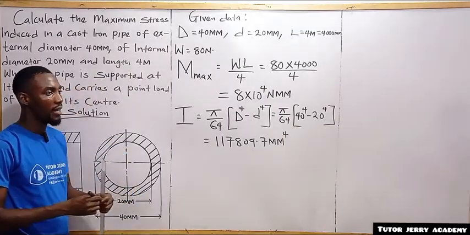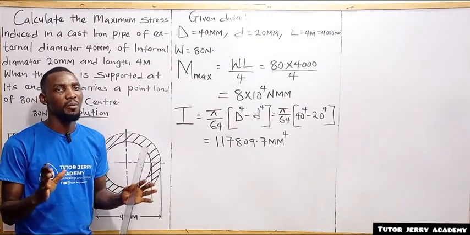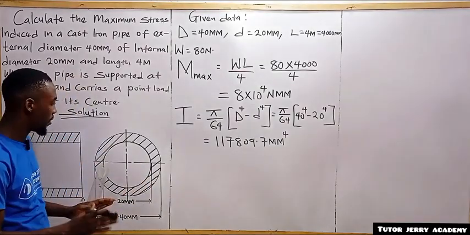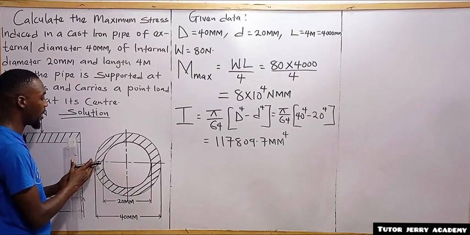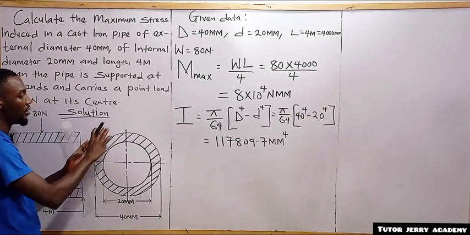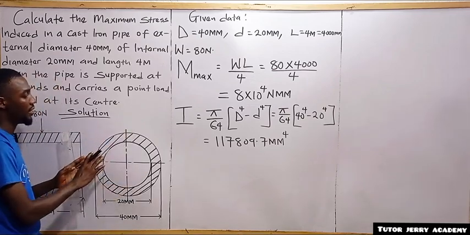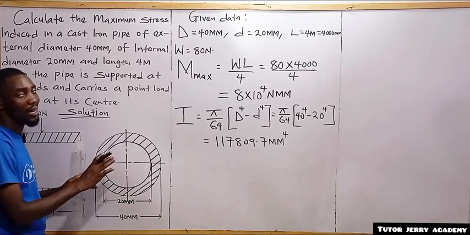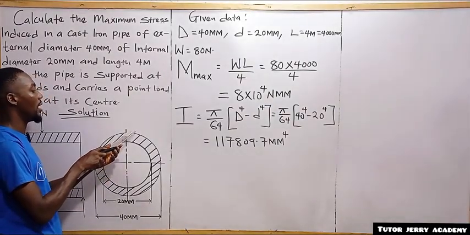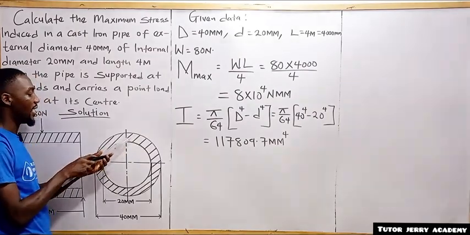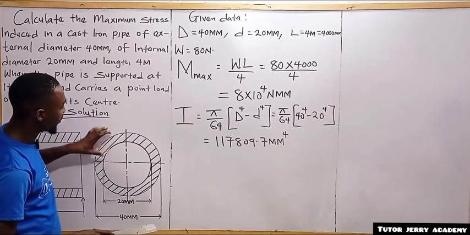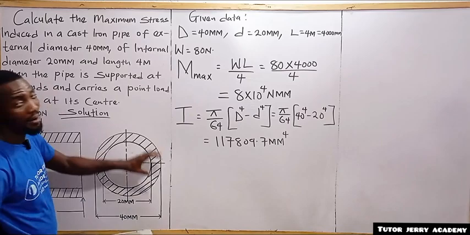From our lecture on sectional modulus, I have explained this concept. You can either section in the x-axis or in the y-axis. But if you are considering your y value, which is the distance between the neutral axis and the topmost part of the section, for a concentric section we are always going to consider the external part. Is that clear?